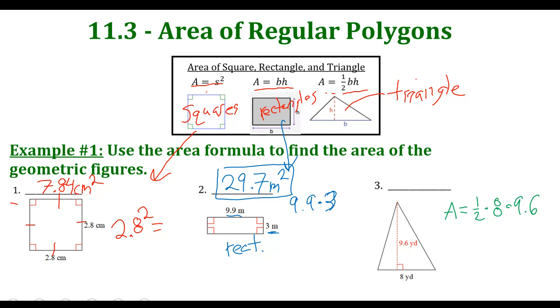But all those being the same, here, I'll write this too, 0.5 times 8 times 9.6, right? 1/2 is 0.5 in the calculator too. Punch all that in the calculator, you get 38.4 yards squared. There we go. That's a lot of what 11.3 is and a lot of what we've been doing before. Cool.